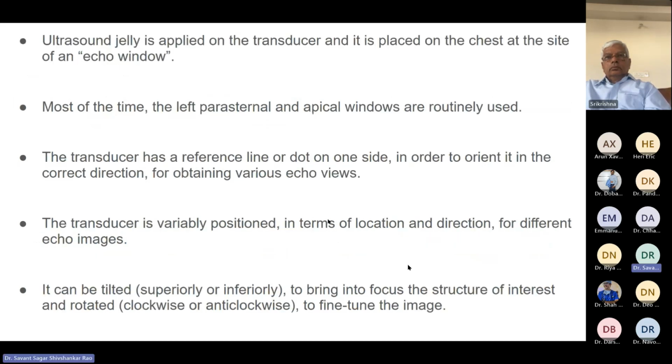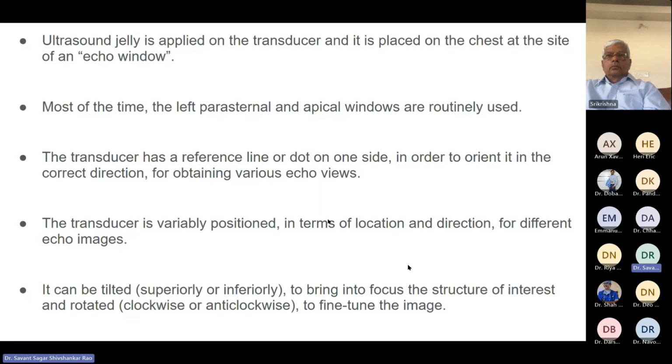So ultrasound jelly is applied on the transducer and it is placed on the chest at the site of the echo window. Most of the time, the left parasternal and apical windows are routinely used. The transducer has a reference line or a dot on one side in order to orient it in the correct direction for obtaining various echo views. So the transducer is variably positioned in terms of location and direction for different echo images.